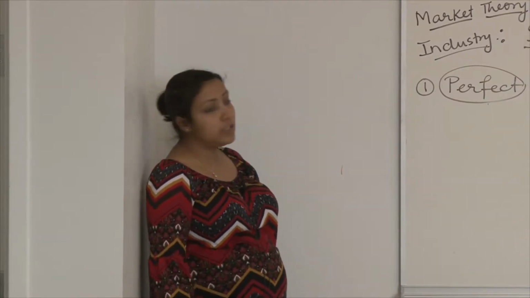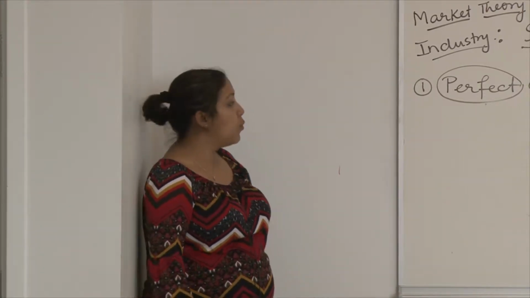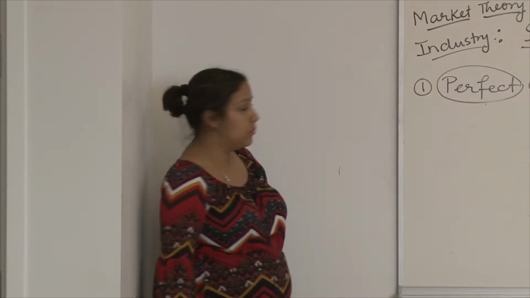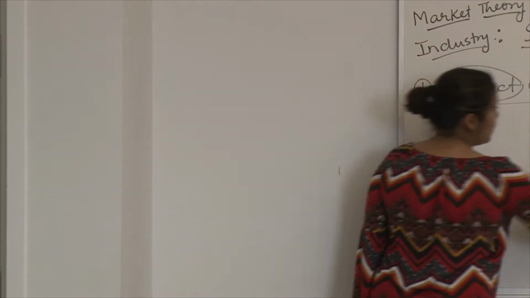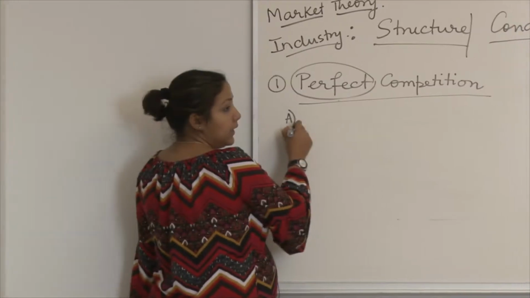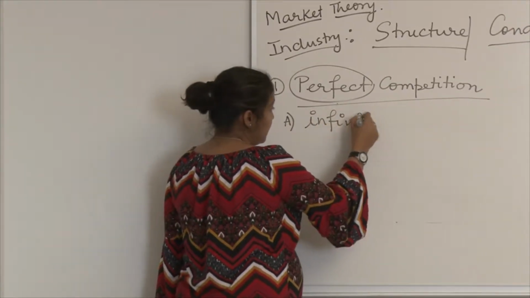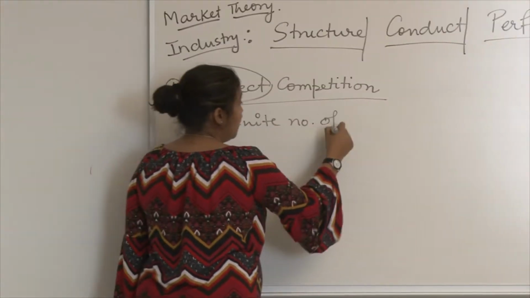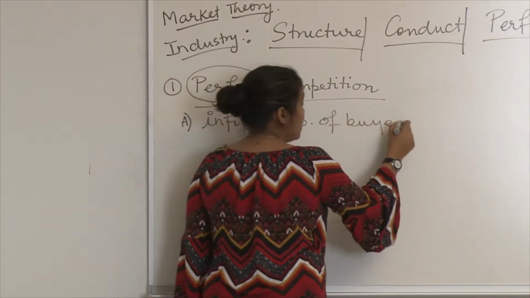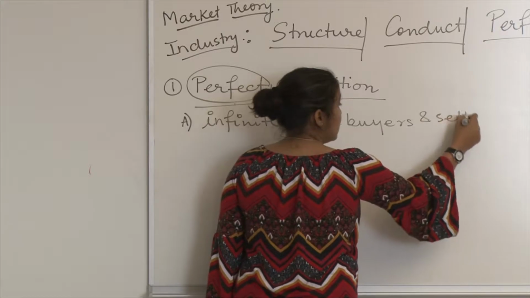What does a perfectly competitive market look like, and why are we saying that this is a hypothetical market? So, a perfectly competitive market, first of all, has an infinite number of buyers and sellers.